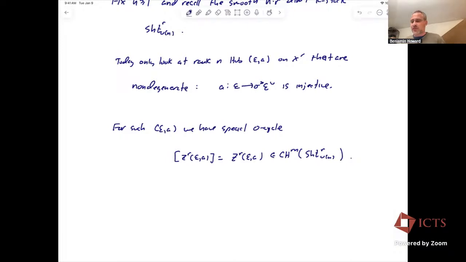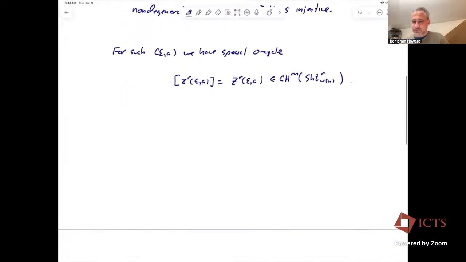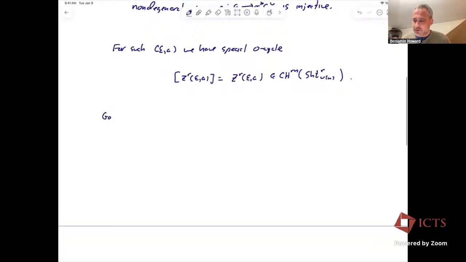And then the theorem that we're trying to prove, so the goal is the following theorem.